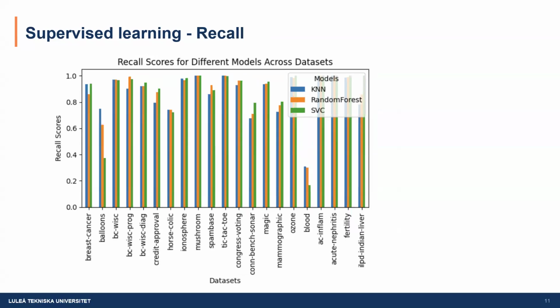And for recall, also known as sensitivity or true positive rate, it measures the proportion of true positive predictions out of all actual positive instances. Recall is important when the cost of a false negative is high.